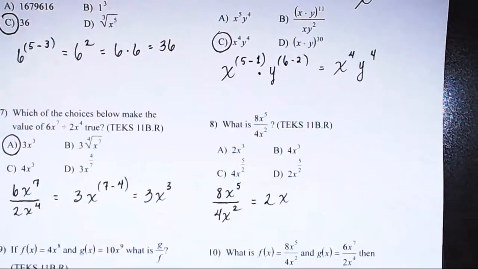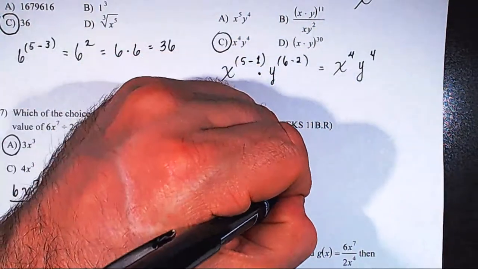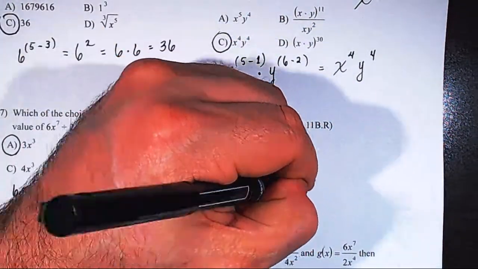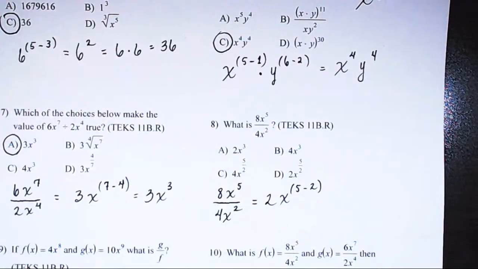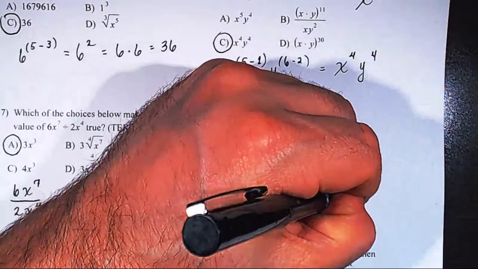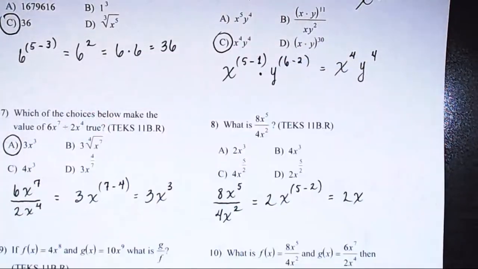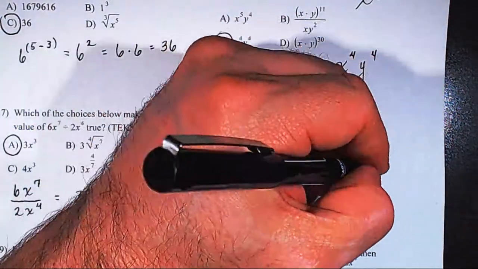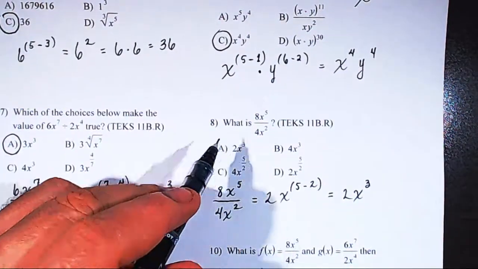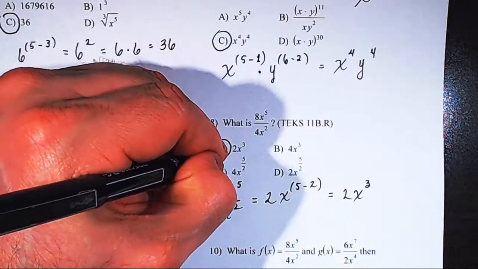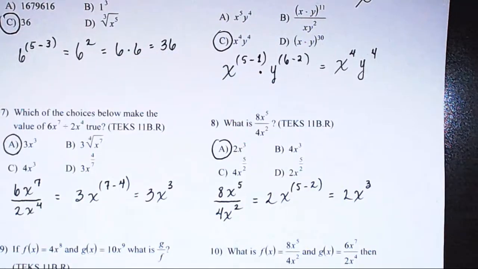Write the base of x and then perform your quotient rule subtraction. Subtract the exponents 5 minus 2. And this gives us 2 times x raised to the 3rd power. So 2x cubed is the answer, and that is answer choice A.